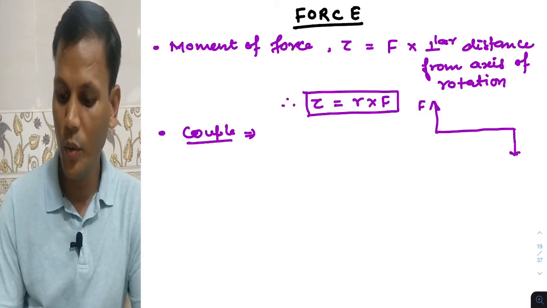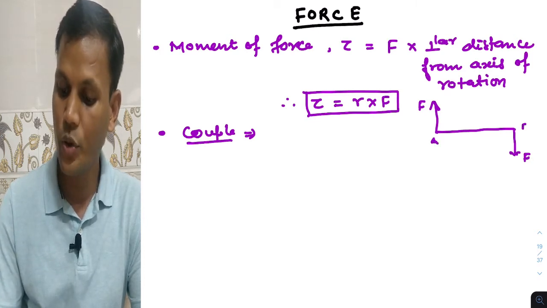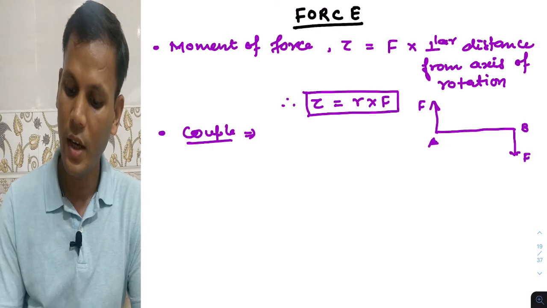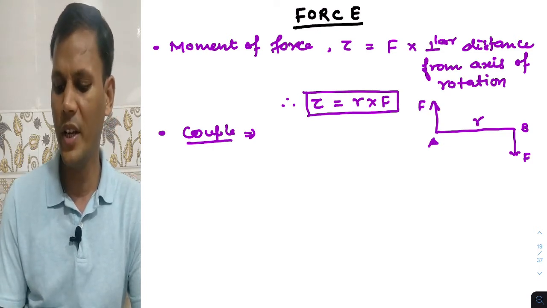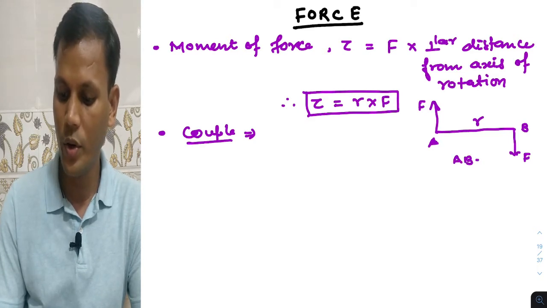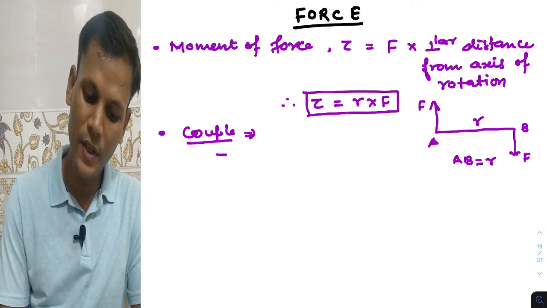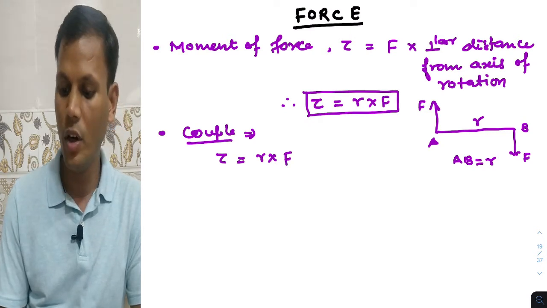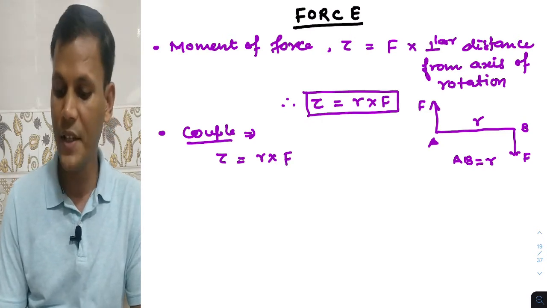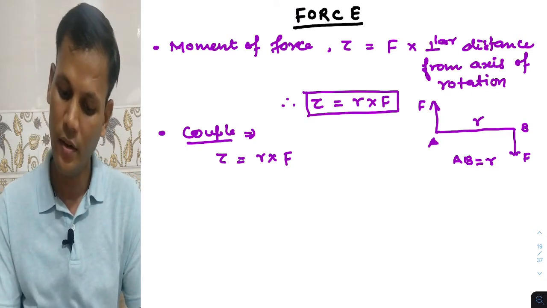So if two equal and opposite forces are acting at two different points, and suppose R is the distance, R or D sometimes, here AB is equal to R. So couple is also represented by tau. It will be in this case R into F, where R is called the moment arm and F is one of the forces between the two equal and opposite forces.